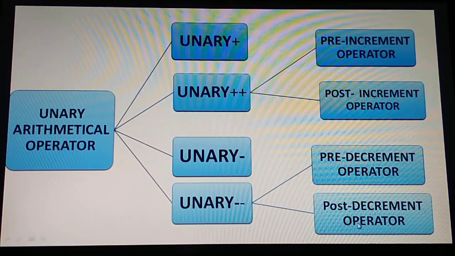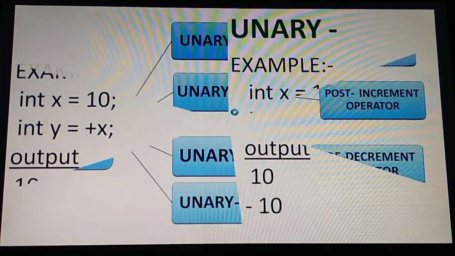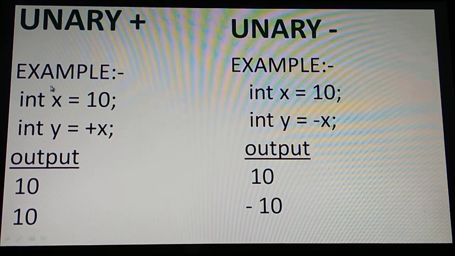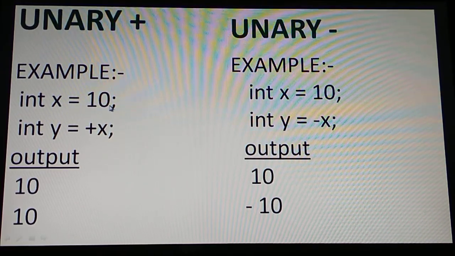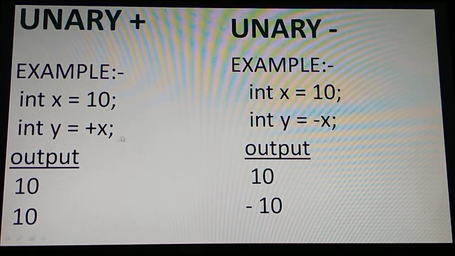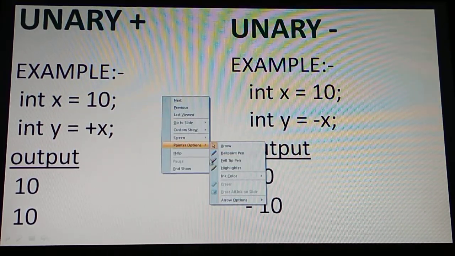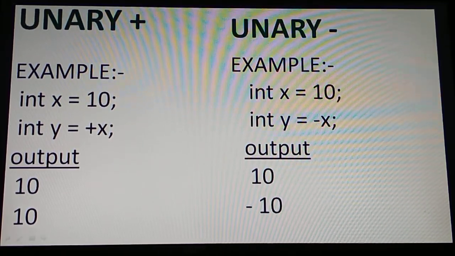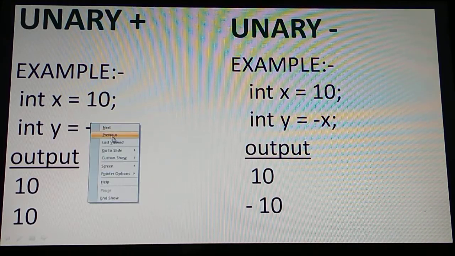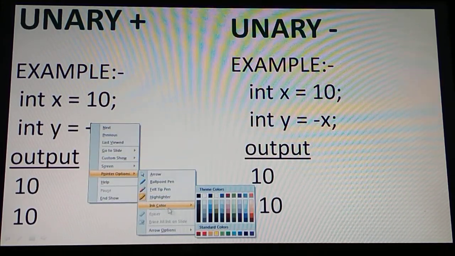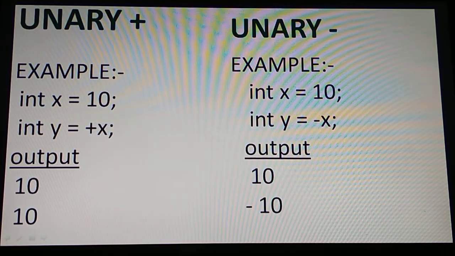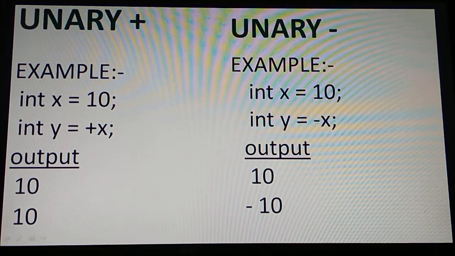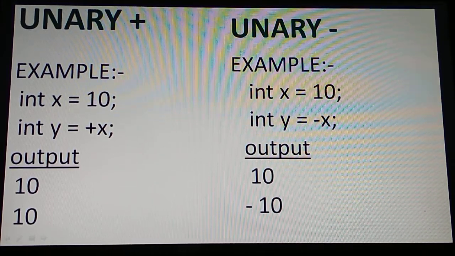Now, what is unary plus and unary minus? Unary plus, for example: int x equals 10, int y equals plus x. See here, the output is 10, meaning the value of x is 10 and the value of y is also 10.